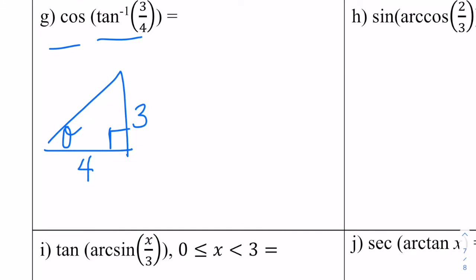Well, you can tell right away that that's going to be a 3, 4, 5. So we don't even need to figure out what the angle is because we're not really concerned about the angle. We're actually saying, what's the cosine of that angle? So when we find the cosine, that's just going to be the adjacent over the hypotenuse, so that's just going to equal 4 over 5.